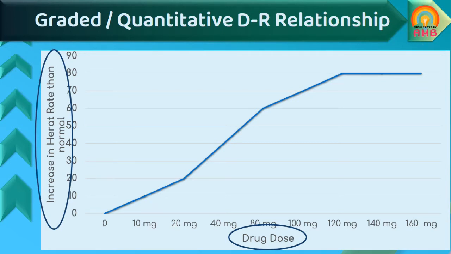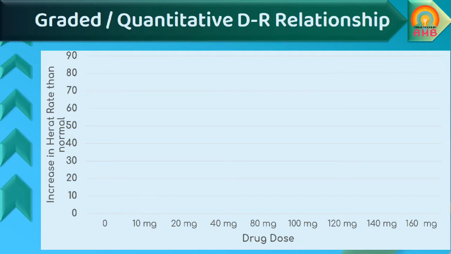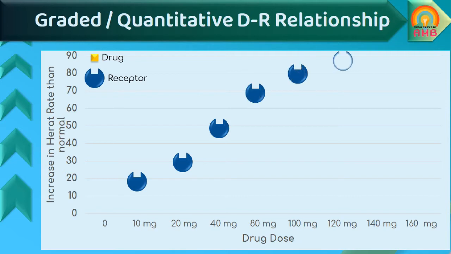It means that drug response is related to the number of receptors occupied by the drug. Thus, as we increase the dose, initially the drug occupies the receptors gradually and increases the activity of the drug.